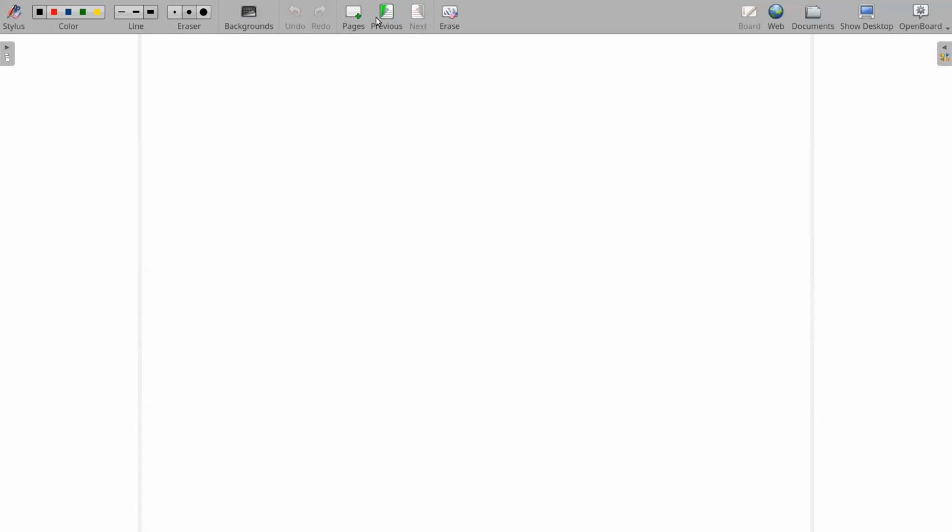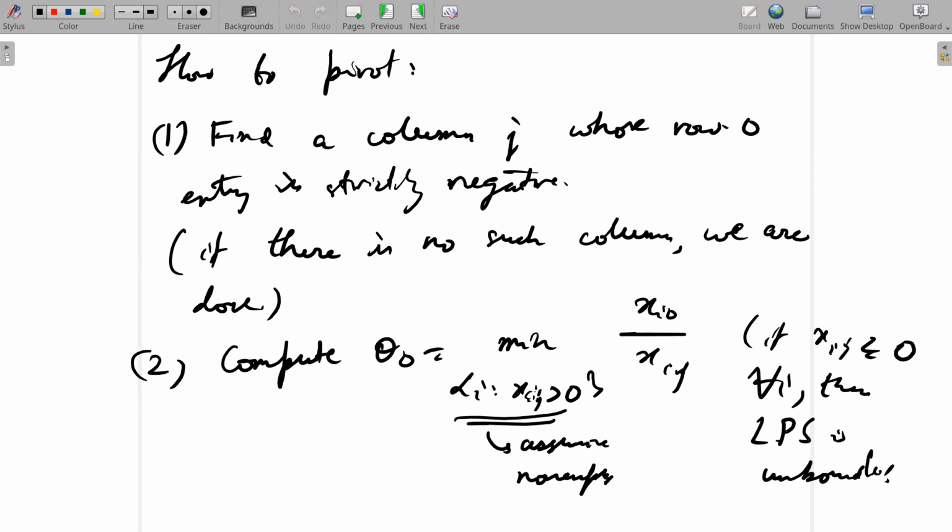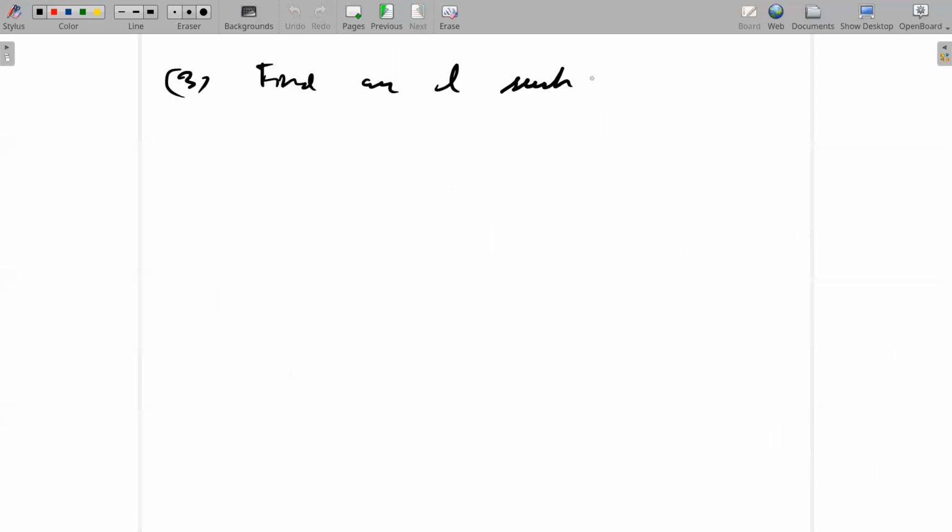Okay, and the third step is find an L, because J is the column you'll choose, but we also need a column which we'll discard from our original basic feasible solution. So find an L such that theta naught is equal to XL0 divided by XLJ.